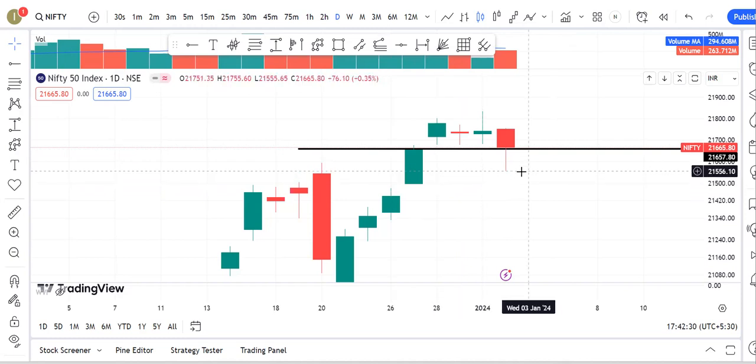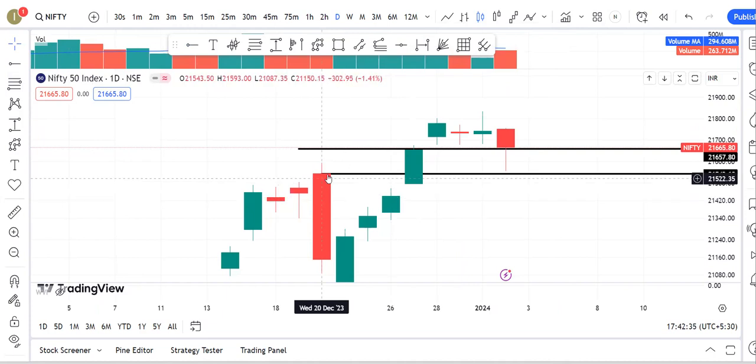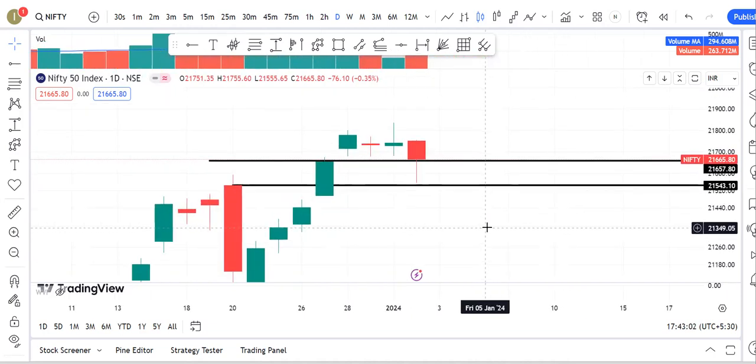You can see a wick over here, exactly corresponding to the breakout level. It has made a low of 21,555. And the close is within this big candle close level, that is 21,654, and it has closed at 21,665.8, a little bit above this.